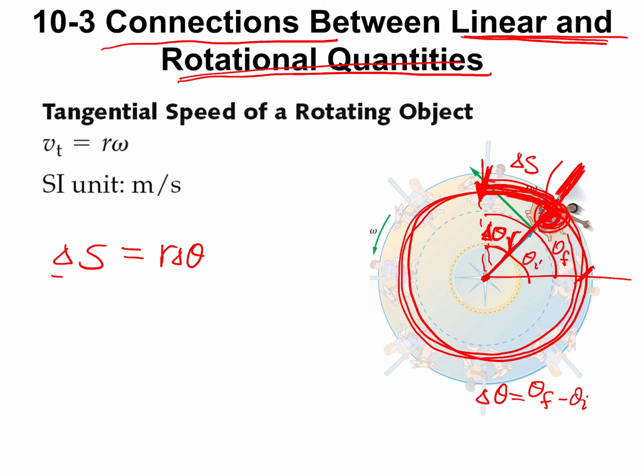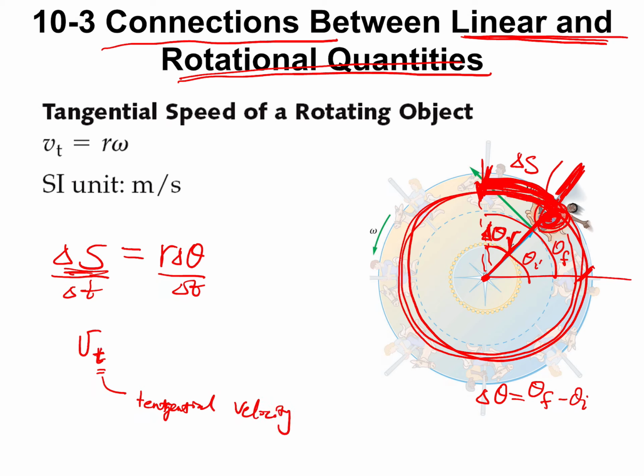If we divide both sides by time, the left side is distance divided by time. The arc length is the real distance, divided by time. This we define as tangential velocity.